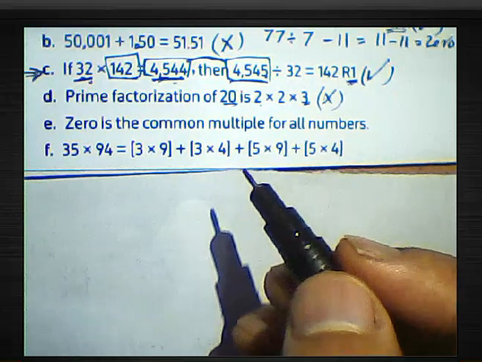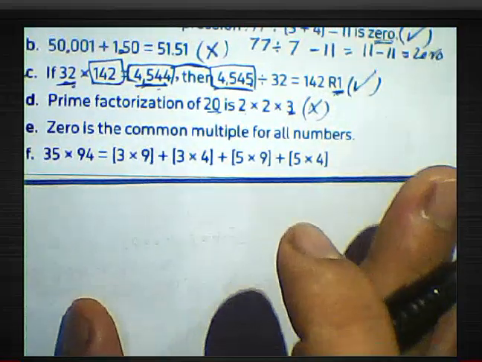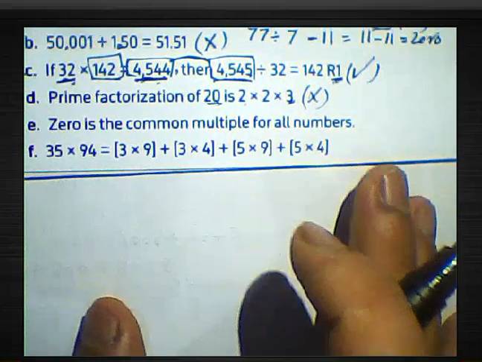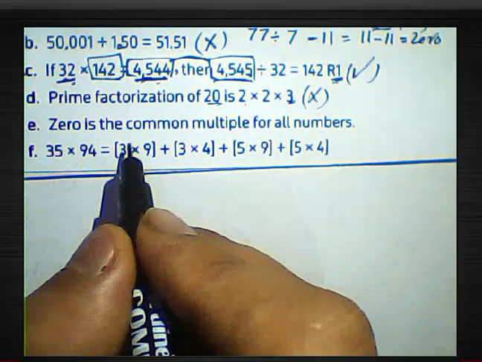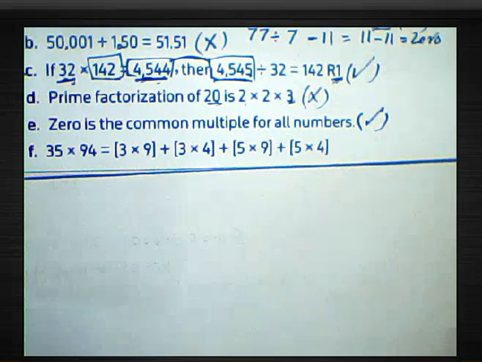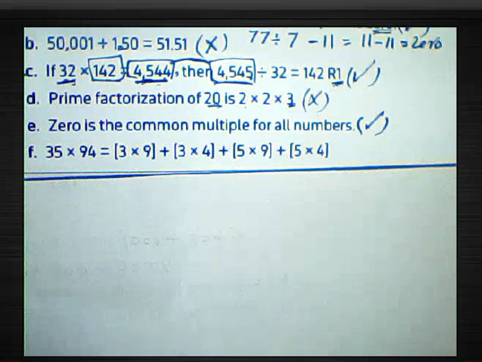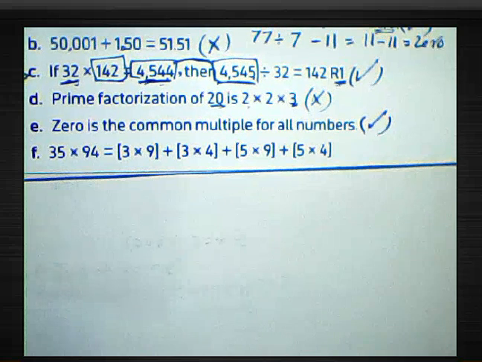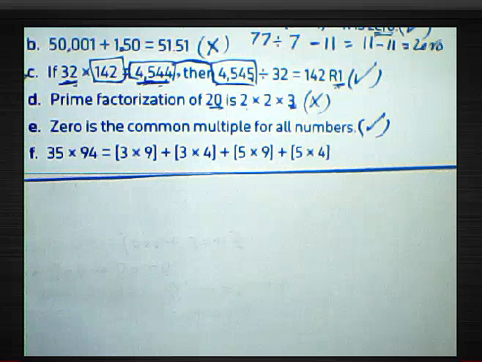Look at letter E. 0 is the common multiple of all numbers. It's true. 0 is a common multiple for all numbers, because 0 can be divided by all numbers, but 0 divided by 0 is undefined. You must know 0 is the common multiple for all numbers, but 1 is a factor of all numbers.